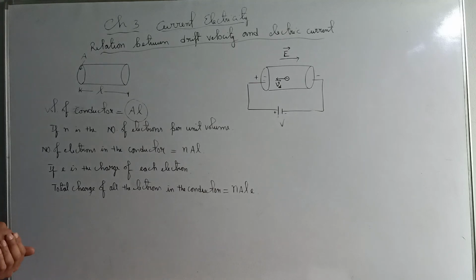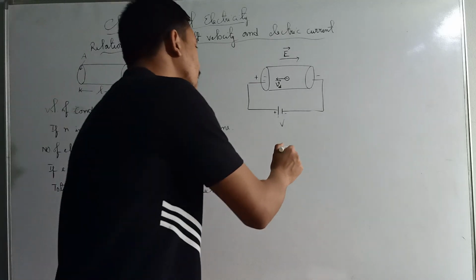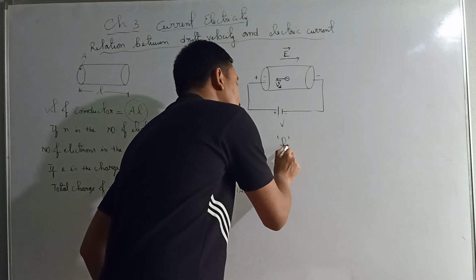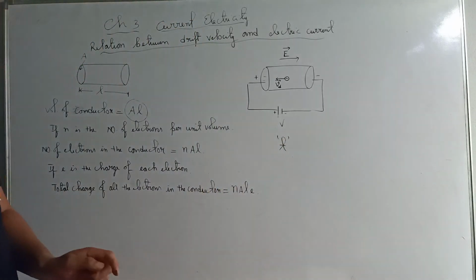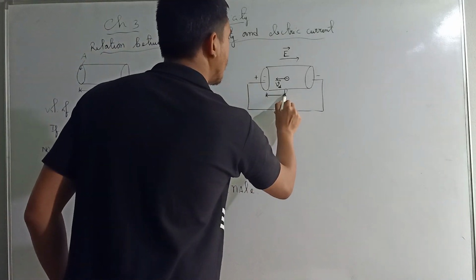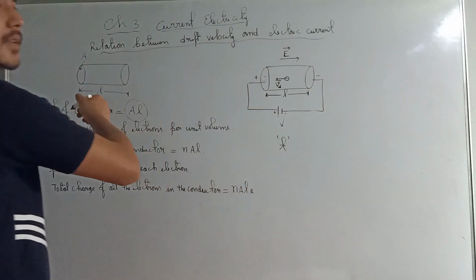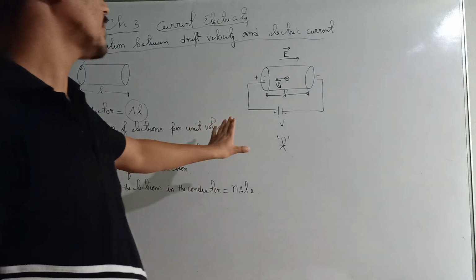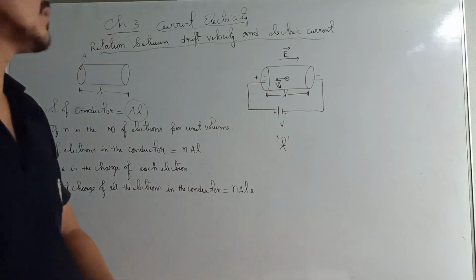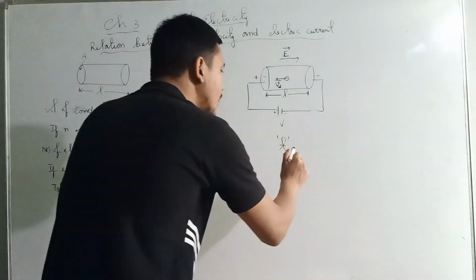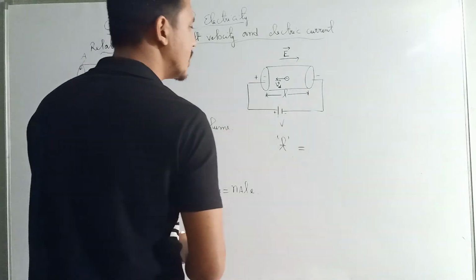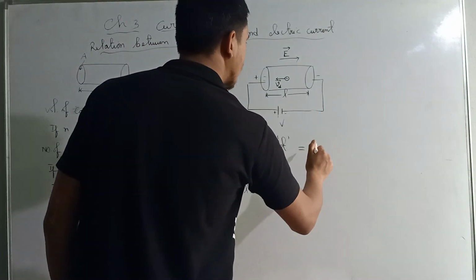Now, if t is the time taken by the electron to cross the length L of the conductor, then t will be given by distance upon speed, displacement upon velocity.